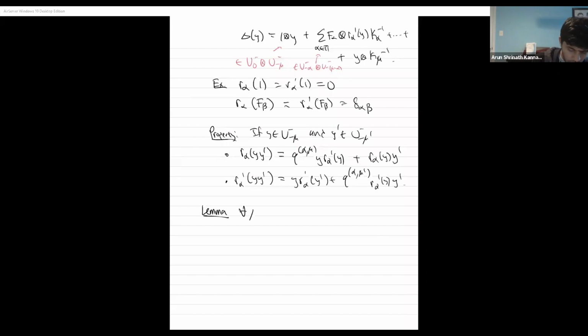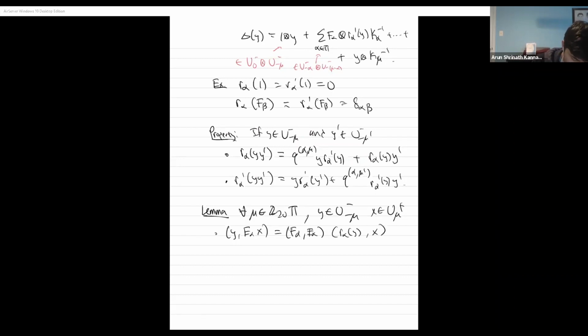For all mu greater than or equal to 0, y in u minus mu minus, and x in u mu plus, so this is what will let us apply the inductive hypothesis, we can write the pairing of y with e alpha x as f alpha e alpha paired with e alpha times R alpha of y paired with x.